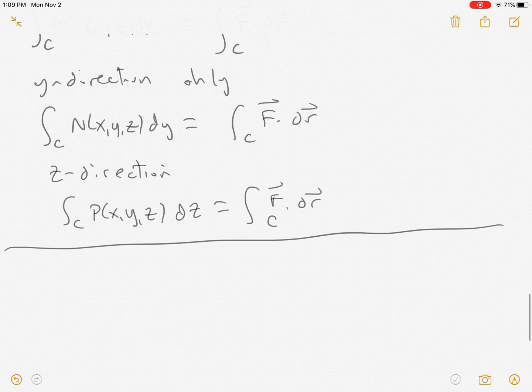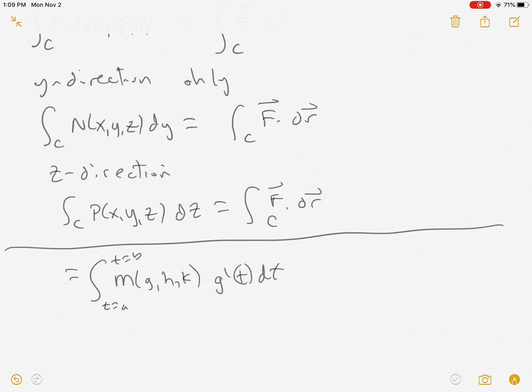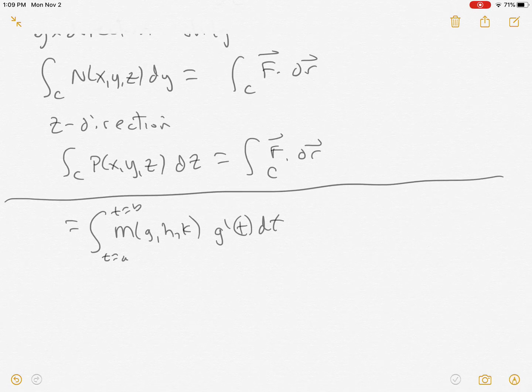The first integral becomes M evaluated at g, h, k times g prime of t dt. And here t runs from a to b along the parametric interval. The second one becomes N of g, h, k times h prime of t dt.